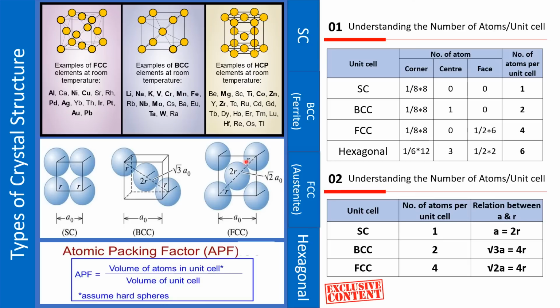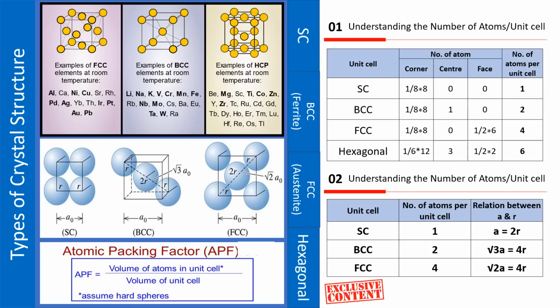And the length of this dimension will be R, complete atom, that is 2R, then R. So this is A, and this dimension we know. So using Pythagoras theorem we can establish the relation between A and R. So A is equal to 4 by under root of 2 into radius of the atom. So this is established, very simple.